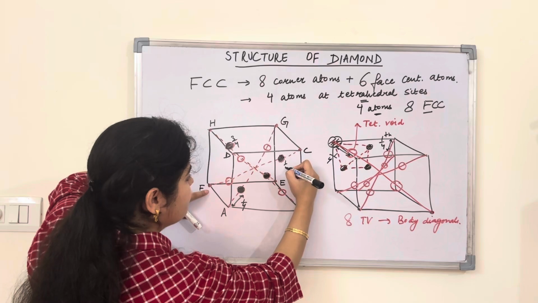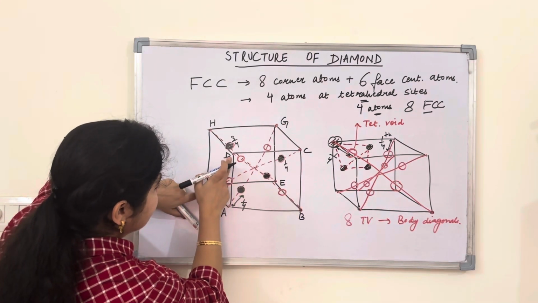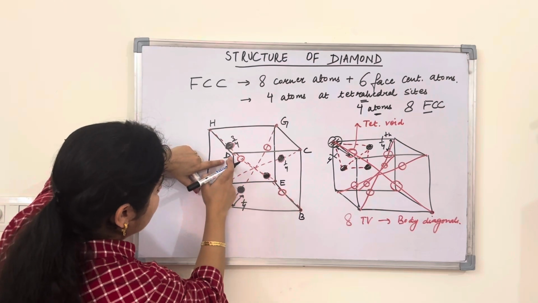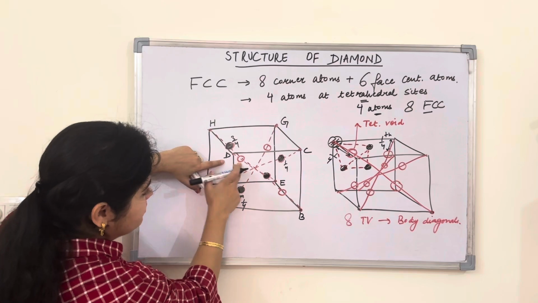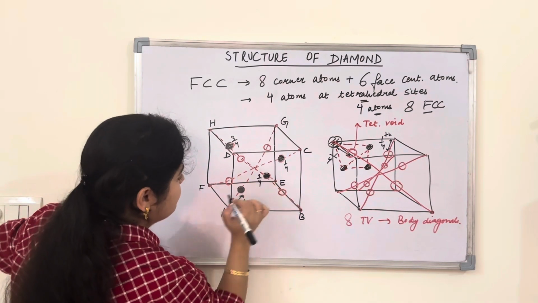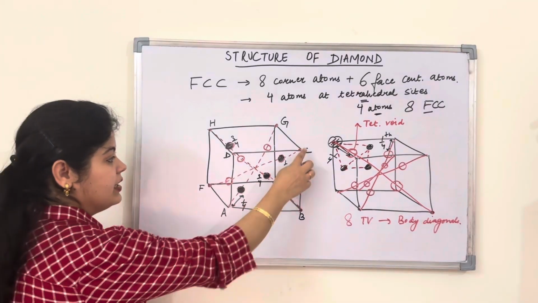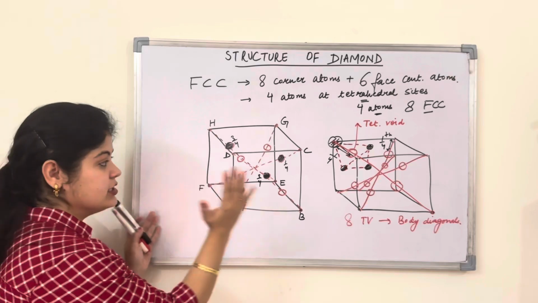So the distance will be 1/4. And if I come to next one DE, on this diagonal we have an atom. We don't have an atom here, but we have an atom here. That means this is located at 3/4 distance from these vertices. So this is basically the situation.